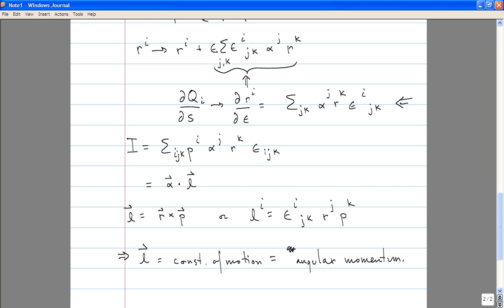All I did is I noted that r transforms like a vector, which is to say r transforms using this cross product formula, and then I just plugged in the definition of the Noether charge to write down the conserved angular momentum as r cross p. So the detailed form of the Lagrangian did not enter here. So this expression for the conserved angular momentum will be true in any theory which is rotationally invariant.